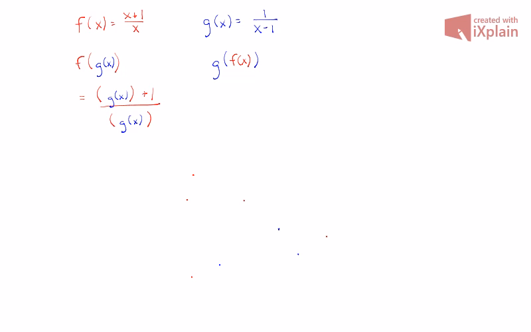Now I already know what g of x is equal to, so I'm going to rewrite this as 1 over x minus 1 plus 1, all over 1 over x minus 1.